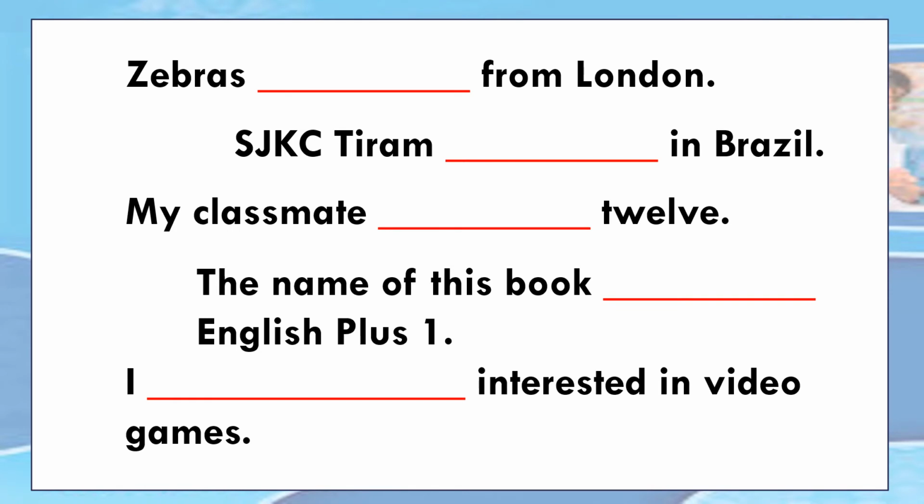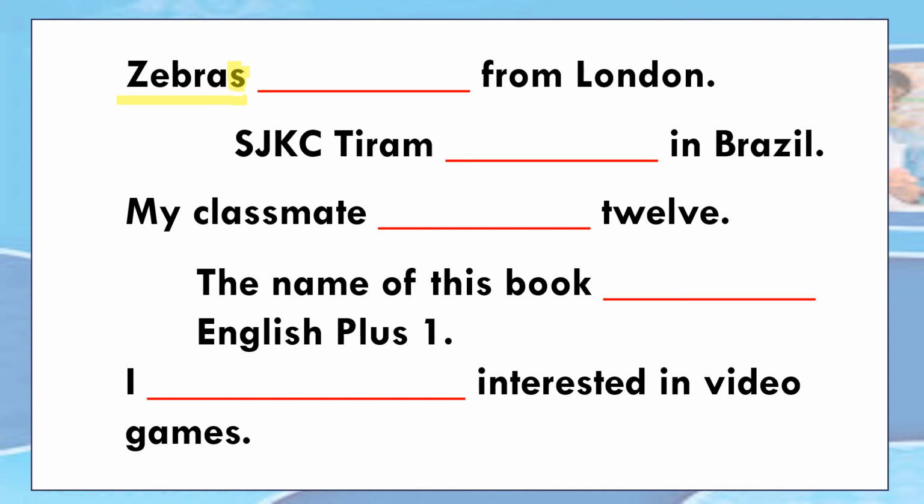So look here, the first pronoun, zebras with S. Okay, zebras. What are zebras? Zebras, they are non-living animals. So when non-living animals, if there's only one, we use it, but if there's more than one, we use they.